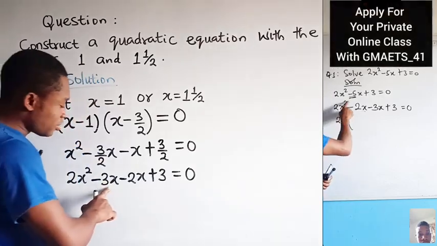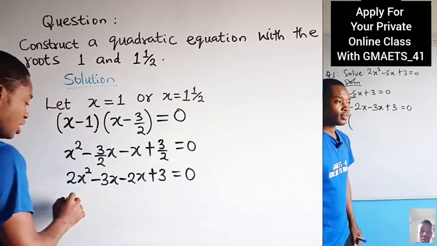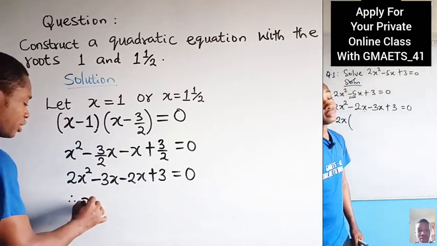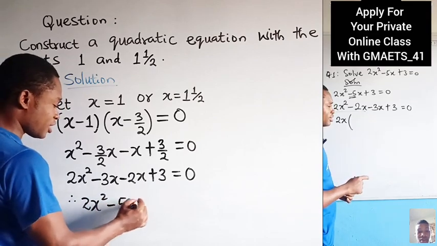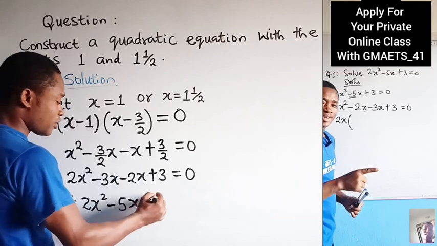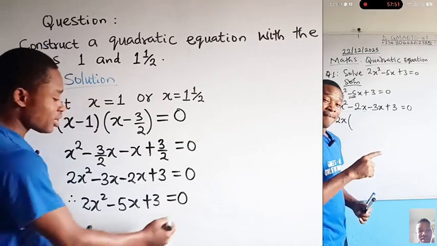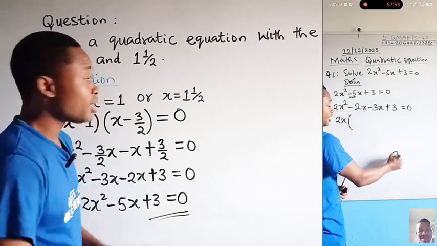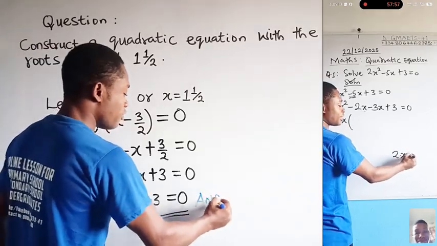At this point, you have minus 3x minus 2x, which will give us minus 5x. Therefore, the quadratic equation will now become 2x squared minus 5x plus 3 equals 0.